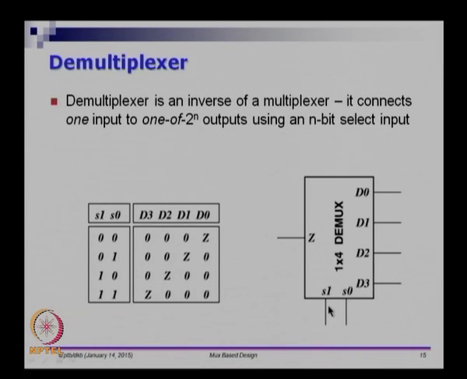So, if 0 0 is given as the select line, z is going to go to d naught, and all the others will be given as 0. Similarly, when this is 1 0, then z will be given to d2, and all the others will be kept as 0. So, you can see that it has similarity. Multiplexers and demultiplexers have some similarity to what we have seen earlier.